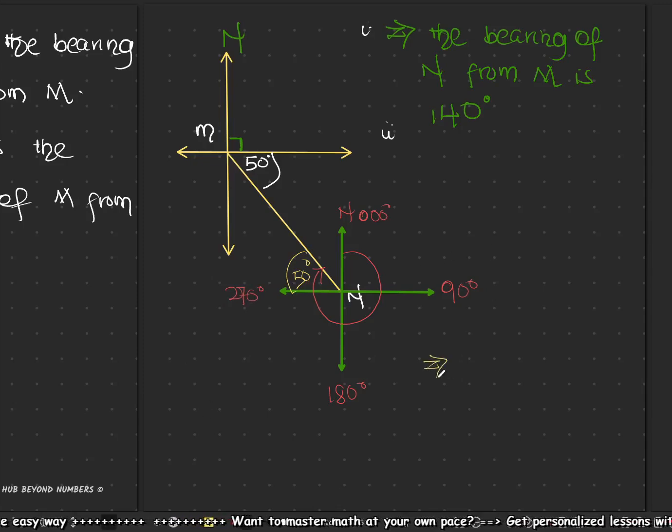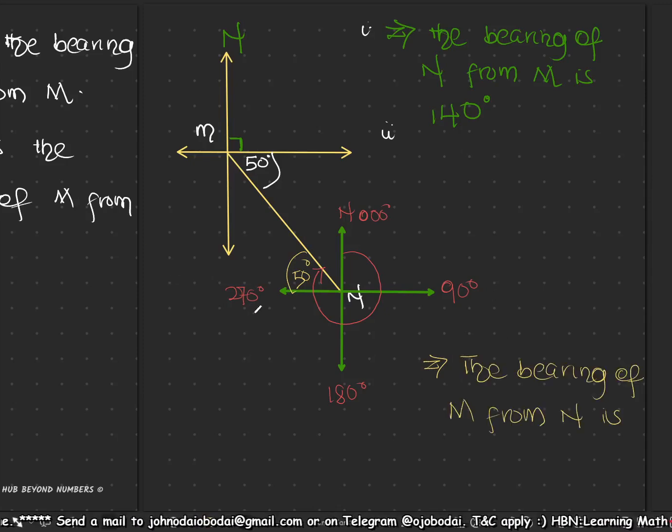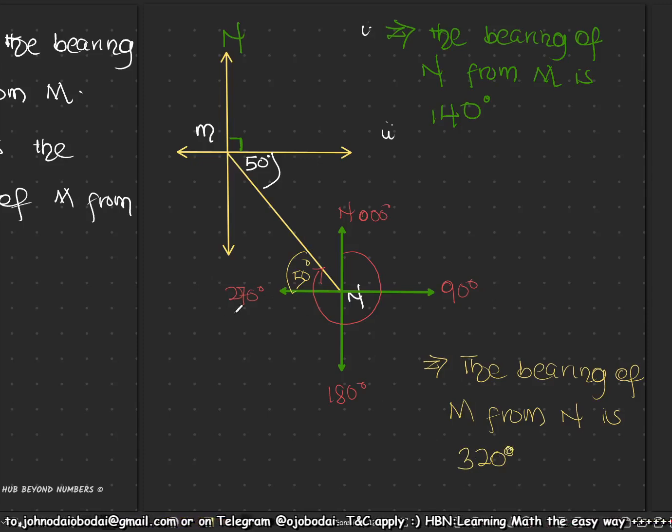So this implies that the bearing of M from N is what? 320 degrees. And how are we getting the 320? We are adding the 270 to the 50 we have over here. So basically, this is how we solve for what? Back bearing. Back bearing simply means the bearing back to your initial position.